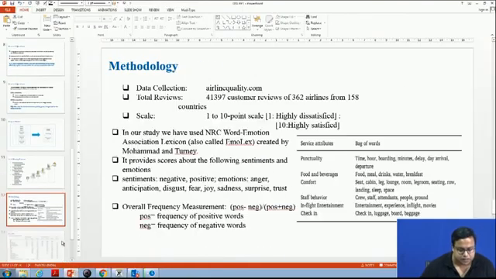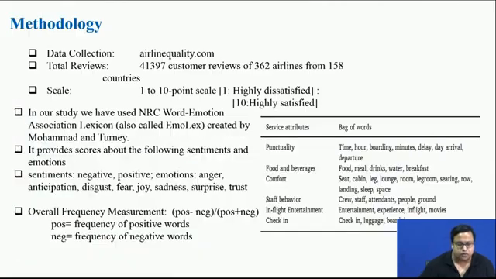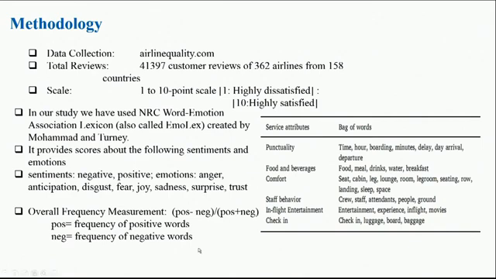For those 6 aspects, we have taken around 41,397 customer reviews of 362 airlines from 158 countries. So, pretty big data I would say. The customer rating was on a 1 to 10 point scale, satisfaction rating, and recommendation was 1 or 0, whether it was positive or negative, whether somebody has recommended it or not.